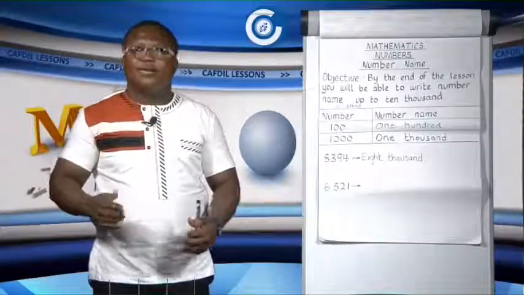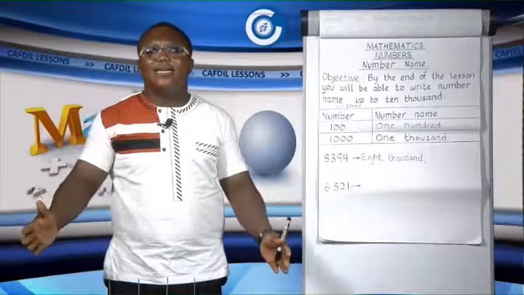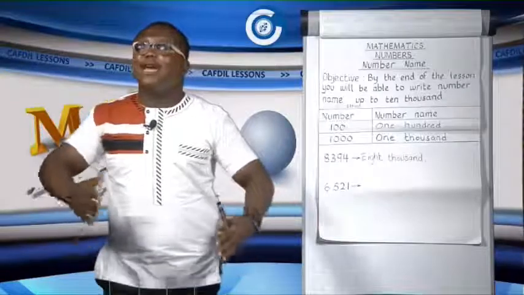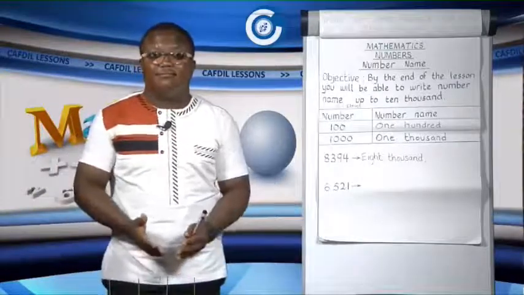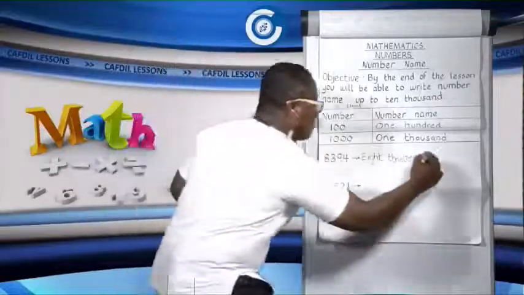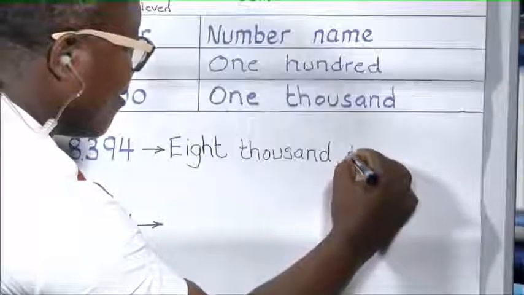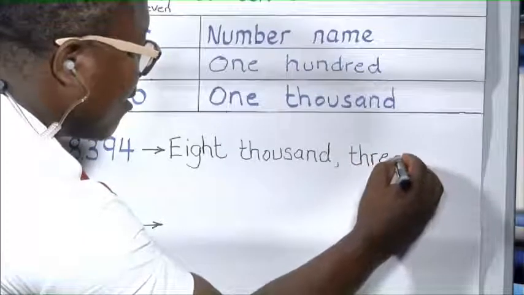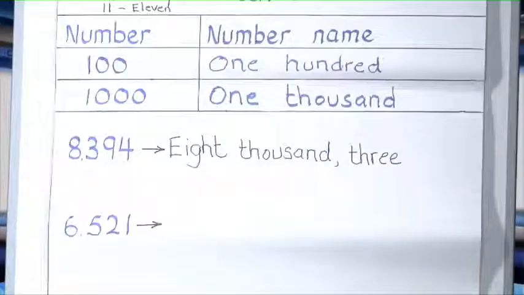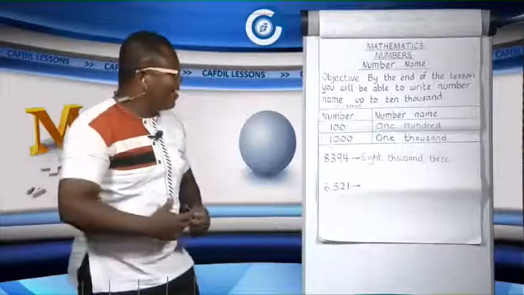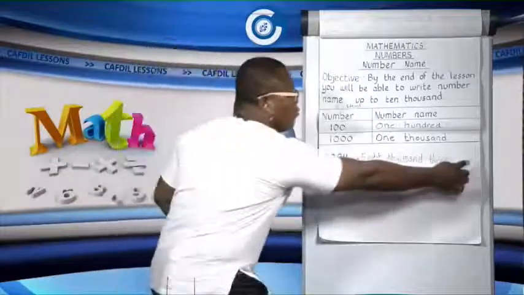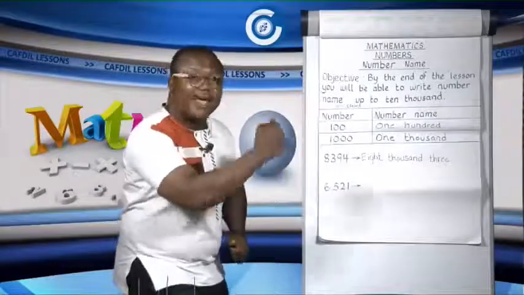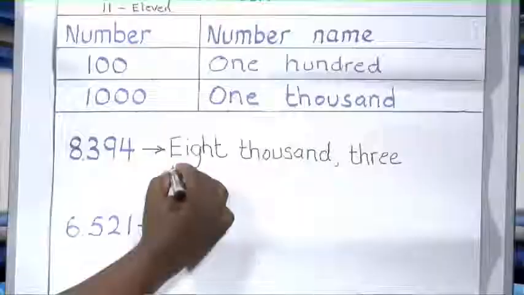Then the next one is what? 300. Learners, in class 1, we learned how to write 3. So we know how to write 3 already. 3 what? 300. So the 100 will not go here, so I want to break it down.